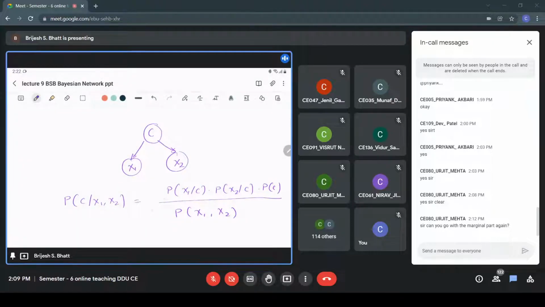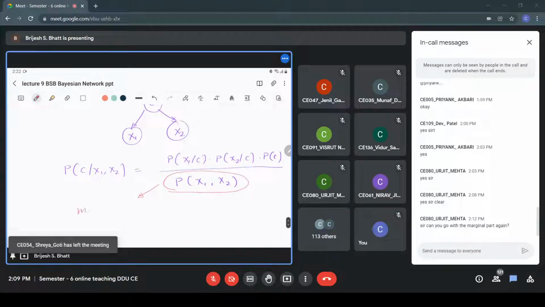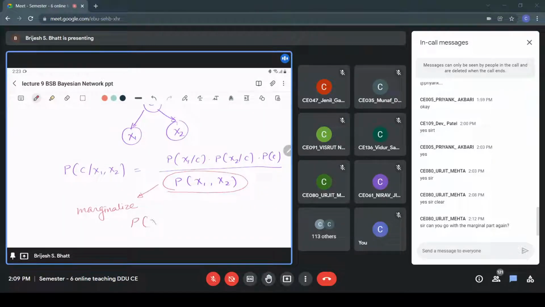And I said that to calculate the denominator, we need to marginalize this, and you get something like this: probability of x1, x2, c is equal to 0, plus whatever the value of x1, x2 is, plus c is equal to 1.